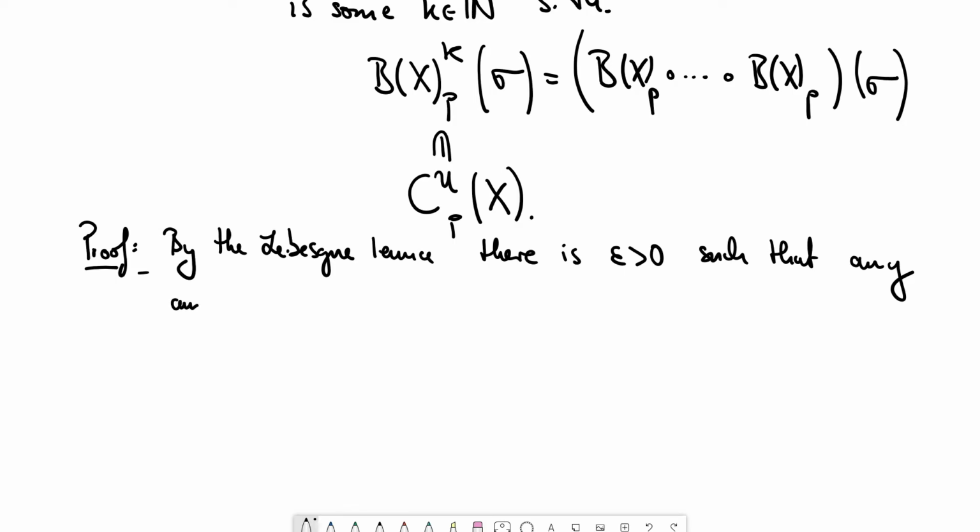any subset of diameter at most epsilon in delta p, and delta p has the standard Euclidean metric, and we need also a cover to apply this Lebesgue lemma to, and the cover is the pulled back cover U on delta p.